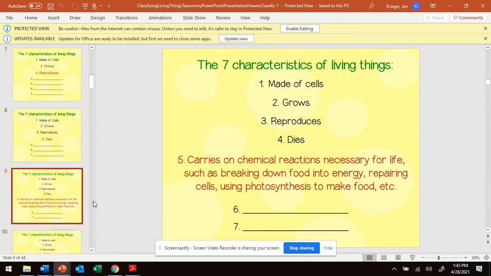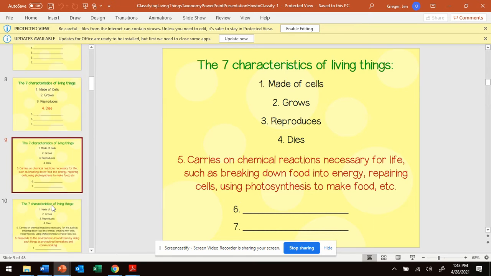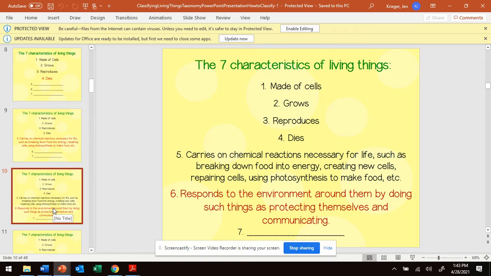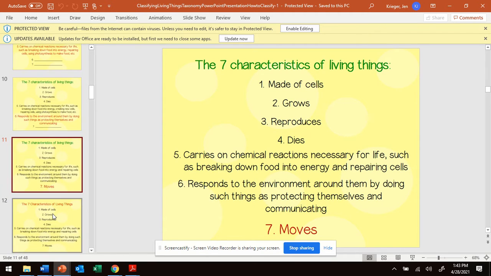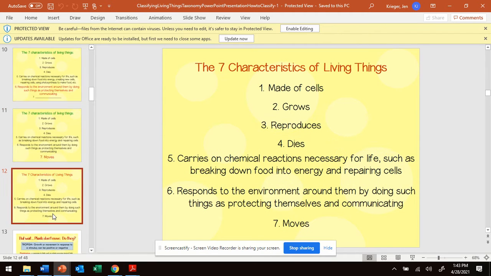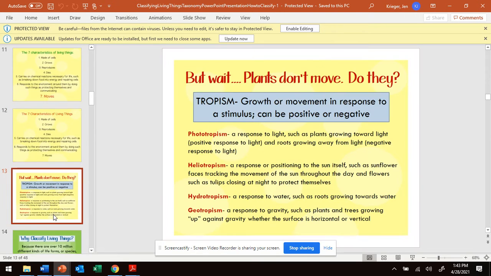We've got 5, all living things carry on chemical reactions necessary for life, such as breaking down food into energy, repairing cells, using photosynthesis to make their food. 6, respond to the environment around them by doing things like protecting themselves and communicating. And 7, all living things move. These are the 7 characteristics of all living things.